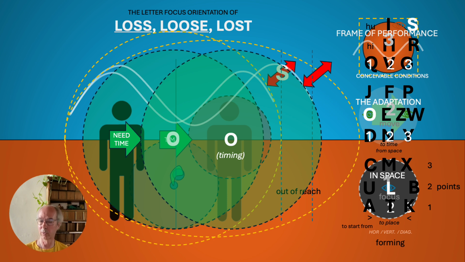Lose with a double O and an E at the end splits it even more into two positions, because the double O means two timings, two times checking: okay, what do I have, what do you have? It's comparing the different time frames and seeing what the differences are. There is more focus on the whole time process, what is going on and what is changing at that point.